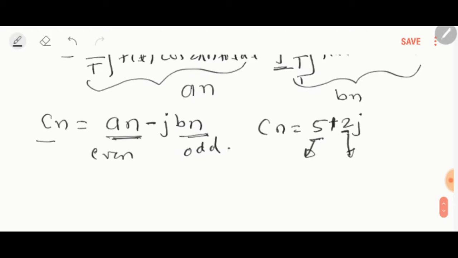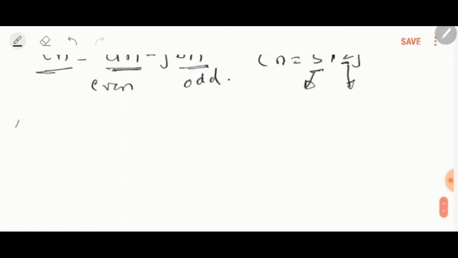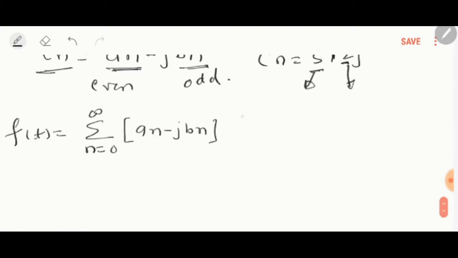So let us substitute the value of cn in the f(t) equation. So f(t) defined was summation n from 0 to infinity, cn value is an minus j bn, and we have e to the power j 2 pi n f naught t.